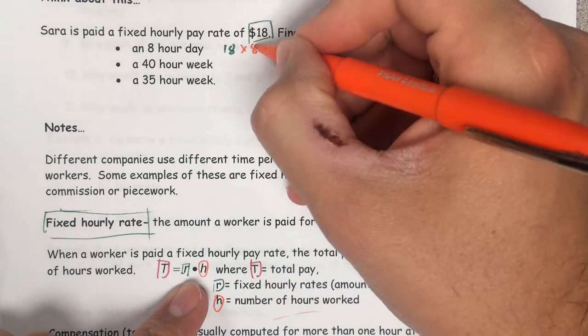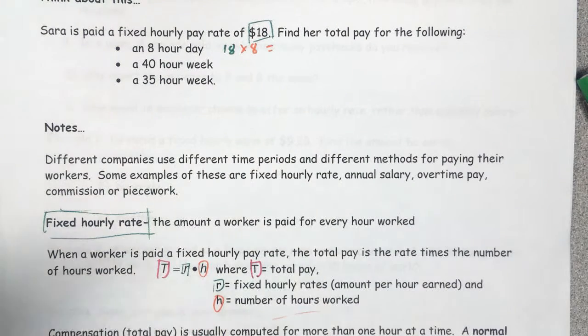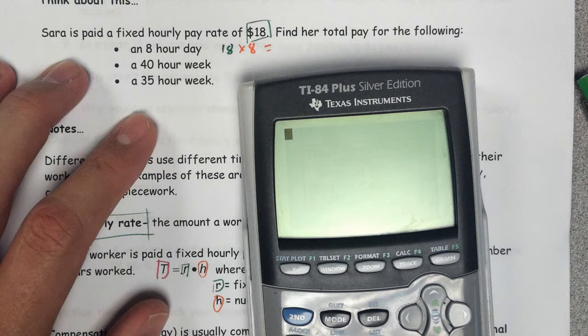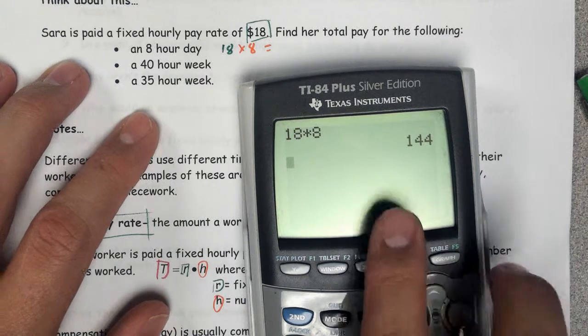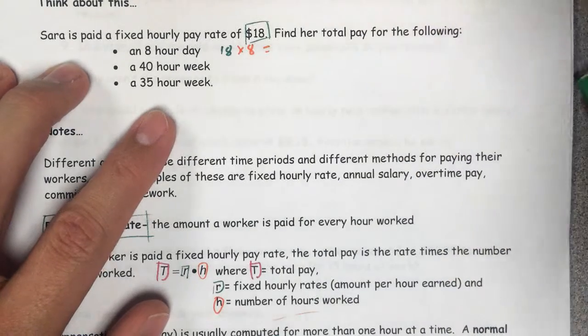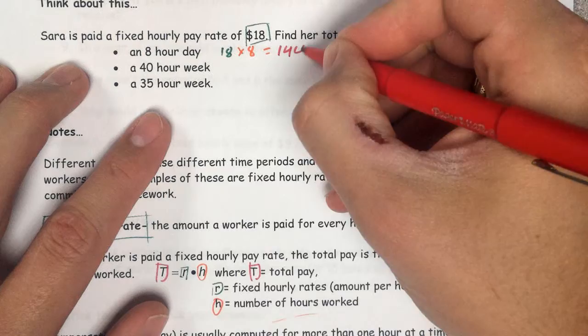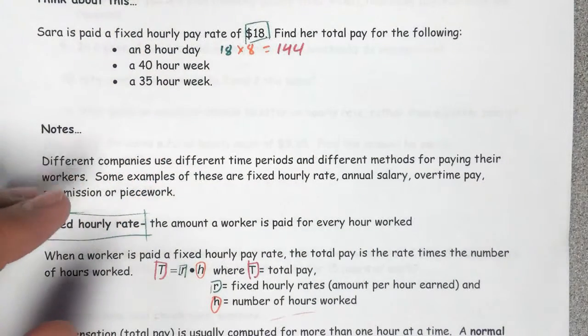Well, they worked 8 hours. And if we have a calculator, we just simply multiply those, and that tells us that 18 times my 8 hours, they got paid $144.